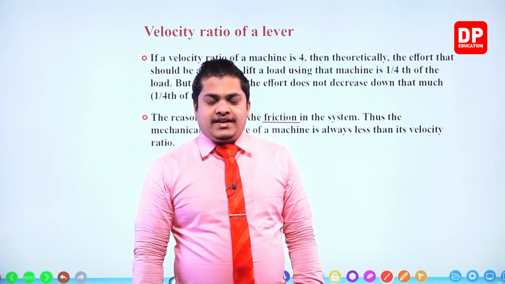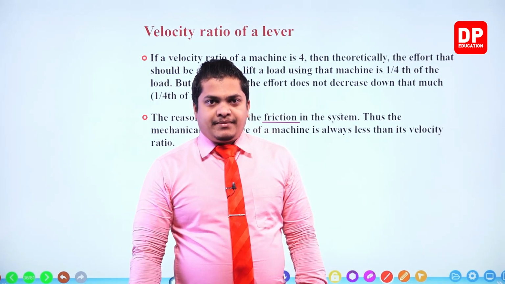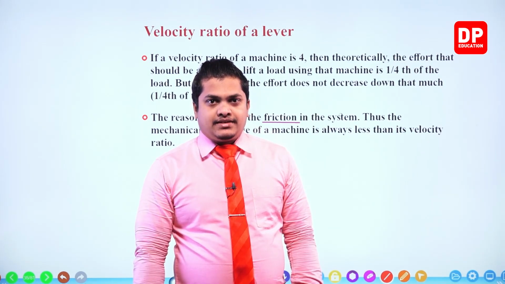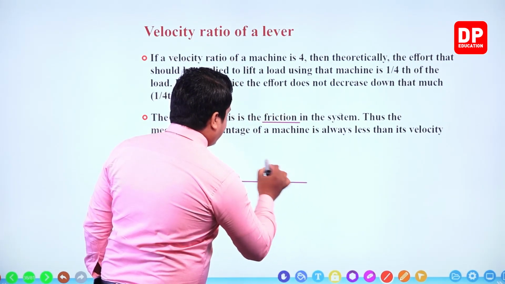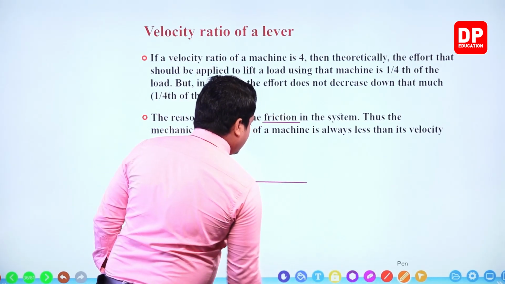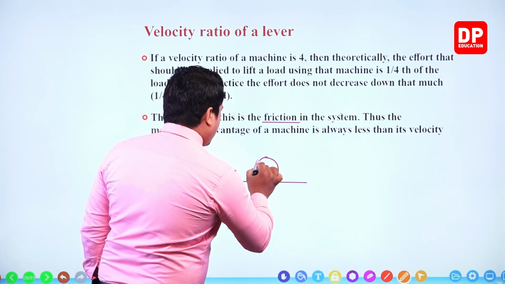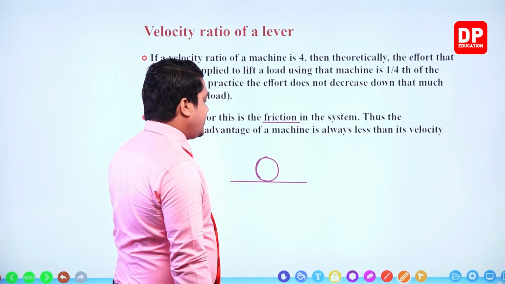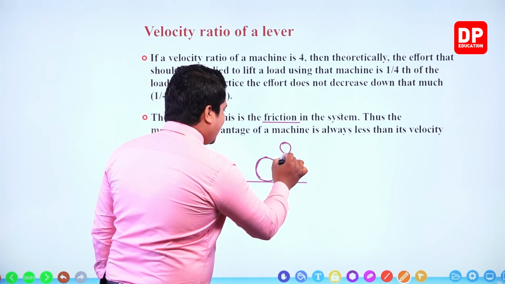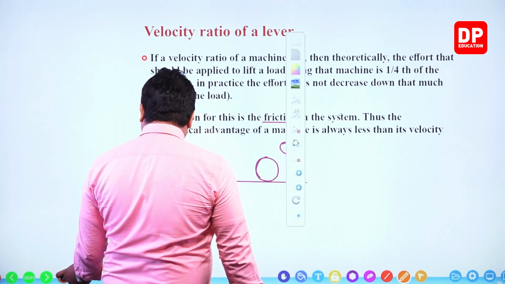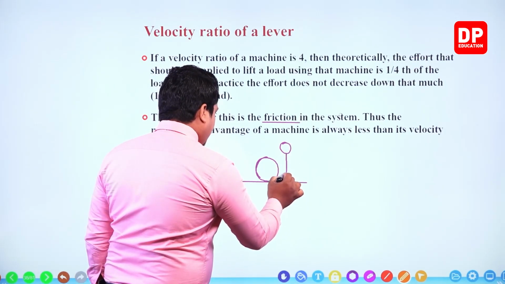Okay, for a certain example, let me give you this. There is a football like this. This is the ground, this is the football. Now, the frictional force, let's imagine that a person is kicking this ball, right?